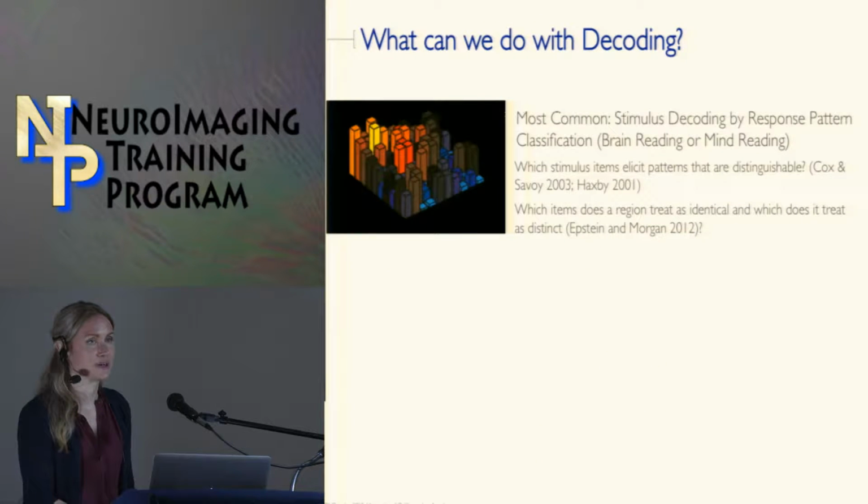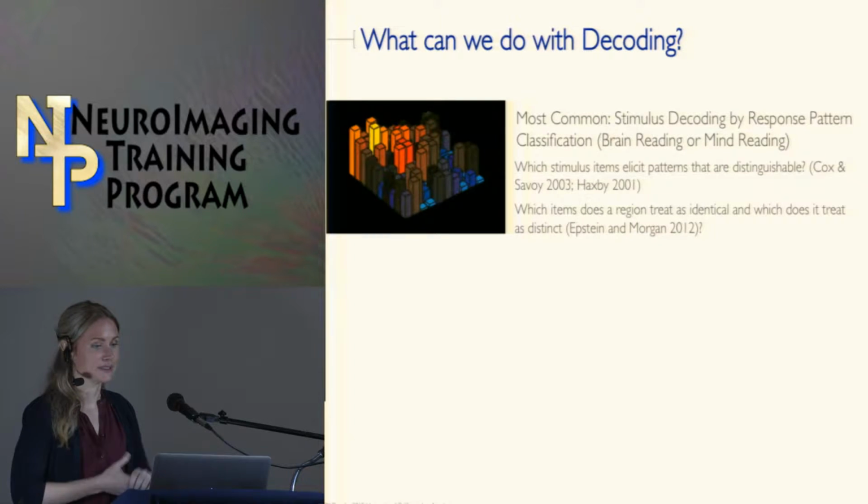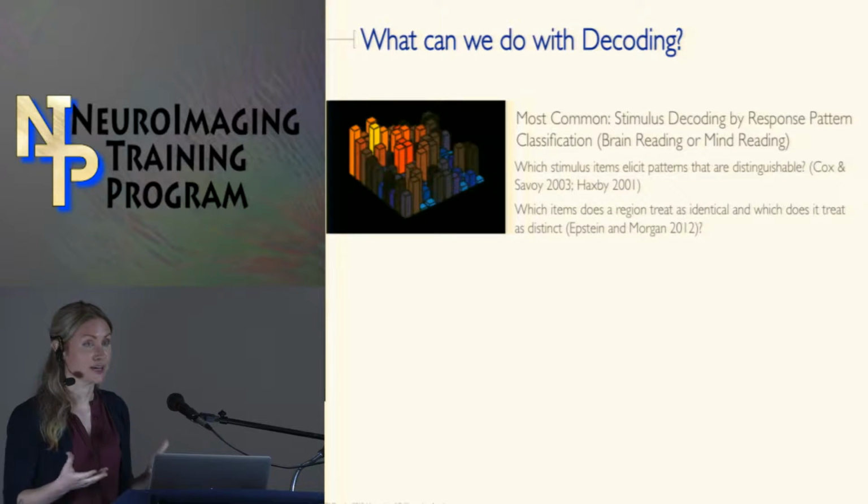So what can we do with decoding? Most people want to do stimulus decoding by response pattern classification, which was that first mapping that I showed you. Which stimulus items elicit patterns that are distinguishable? That's perhaps a question that you're trying to ask, because at the resolution of a voxel, can we actually distinguish between different patterns?